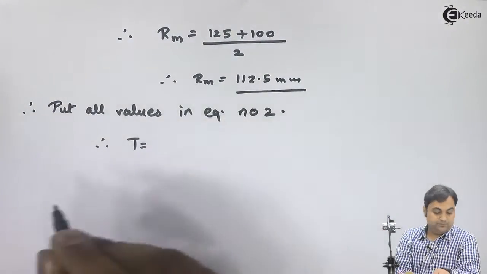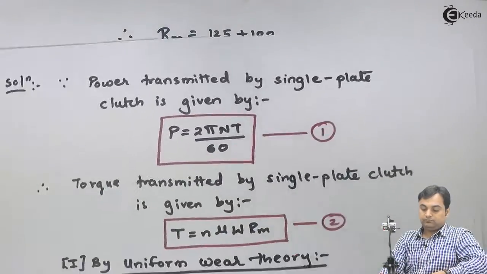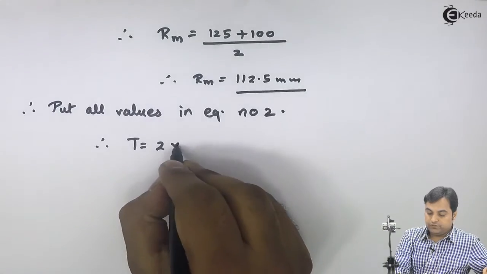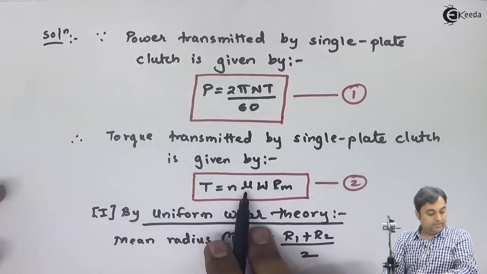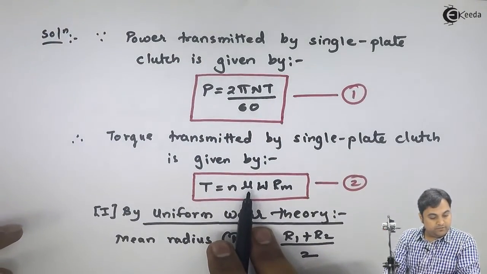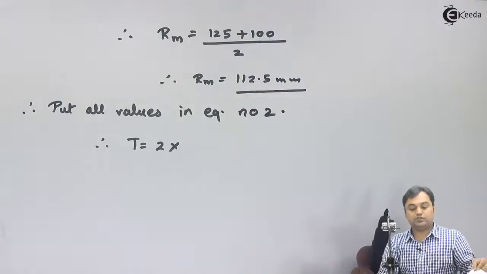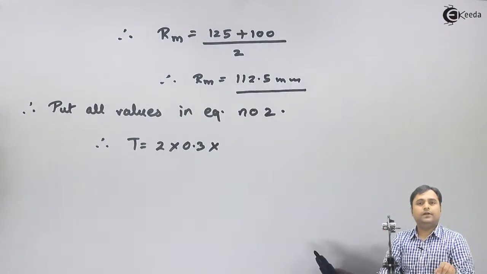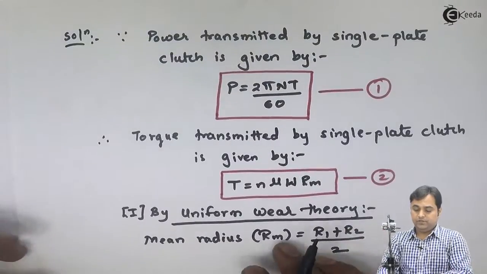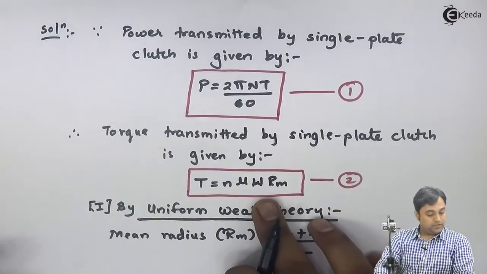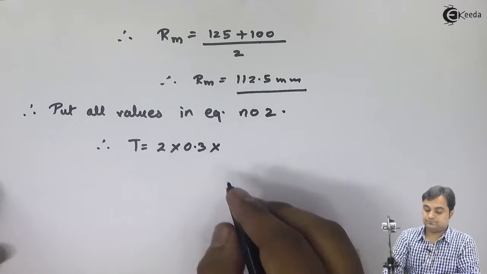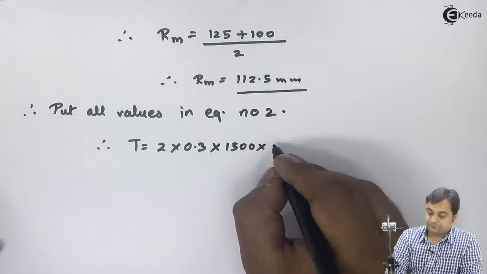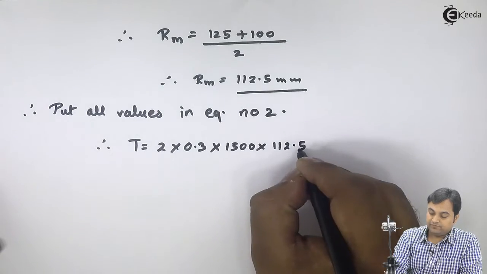Therefore, T is equal to n, number of effective surfaces are 2, into mu, it is given in the question. Here mu is not mentioned, so I'll assume the value. Mu, I'll take it as 0.3, into W, it is 1500, into Rm, which is 112.5.